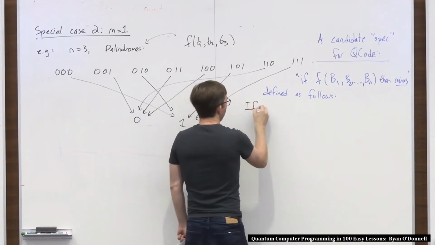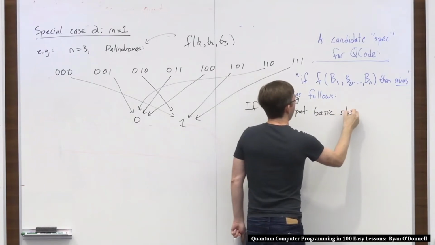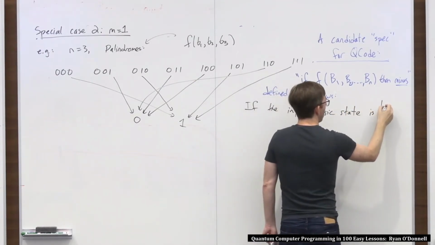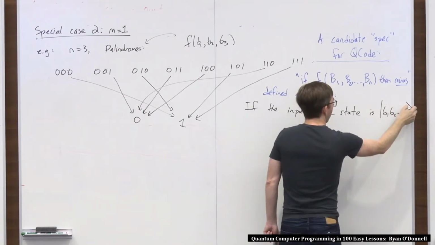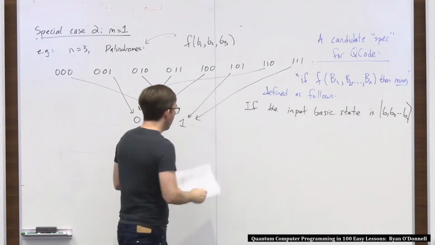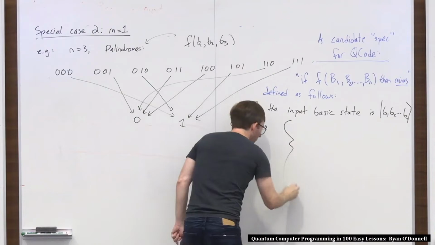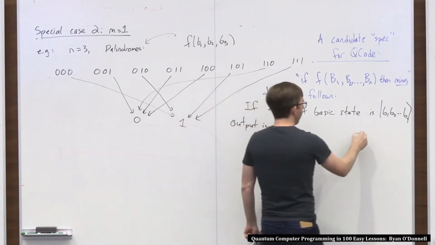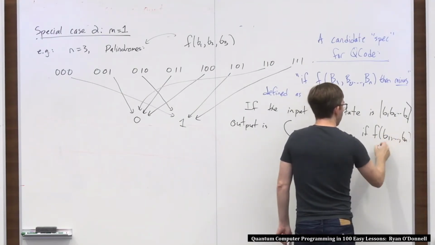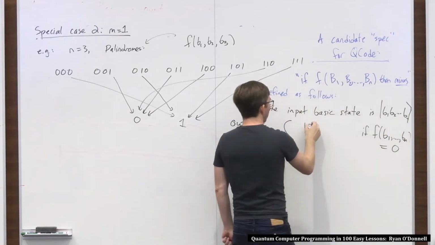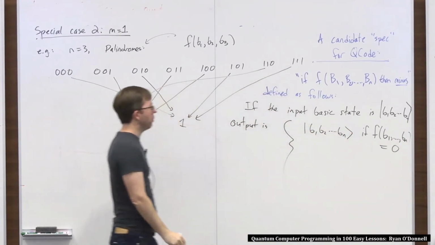So if the input basic state is, let's say, B1, B2, dot, dot, dot, Bn, the output is supposed to be 2 cases. If the correct output value is 0, then don't do anything. Just return the input state.